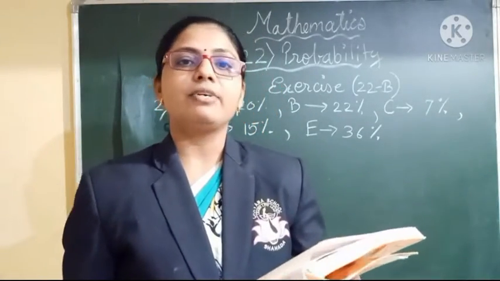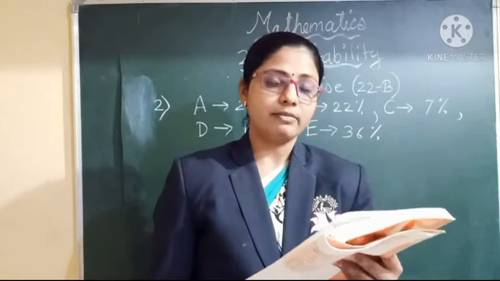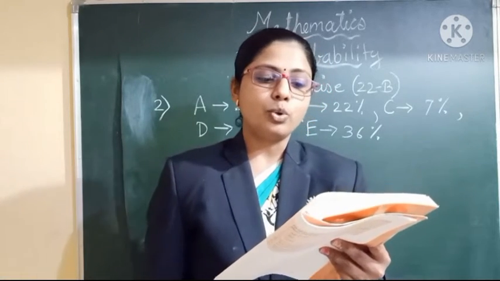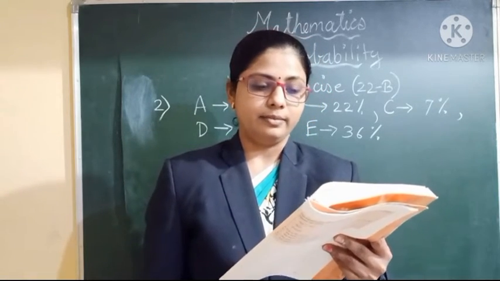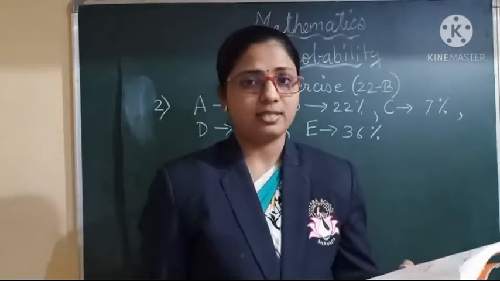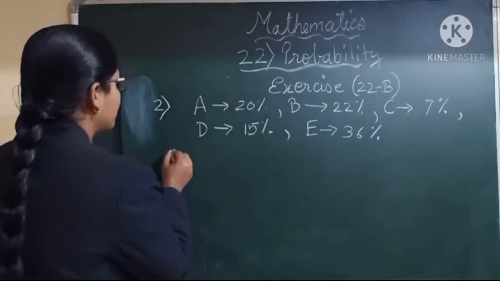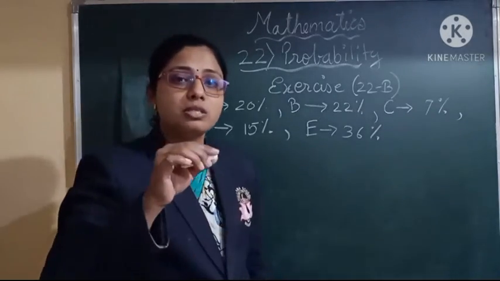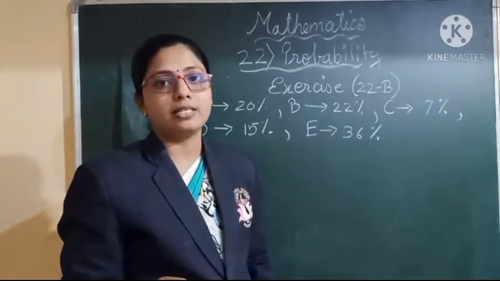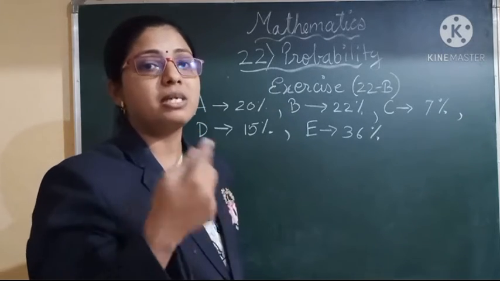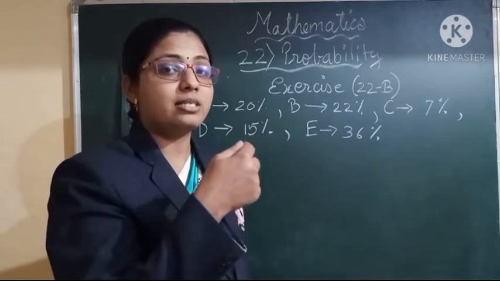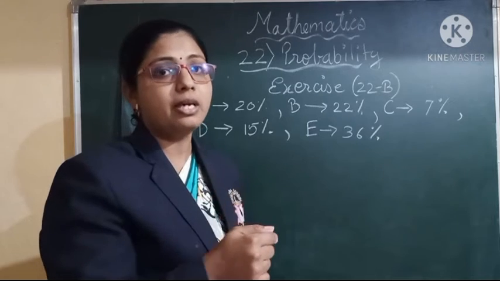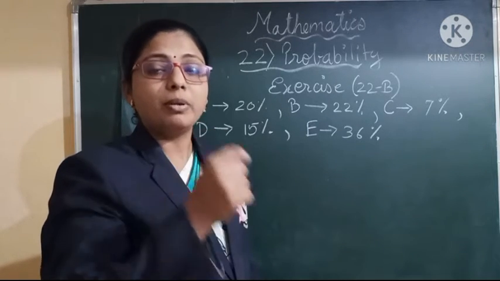Then the first question is asked, just have a look at the question. Who is most likely to win the race? Most likely means who has the most probability to win the race. The person who has the greater percentage will be most likely to win.